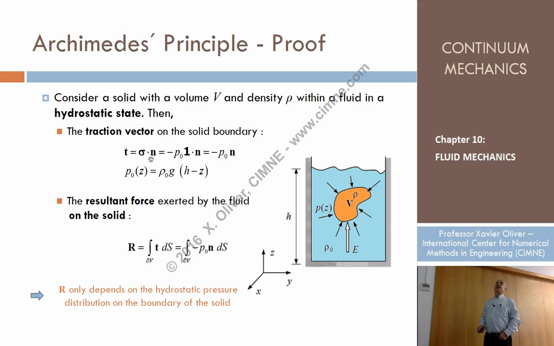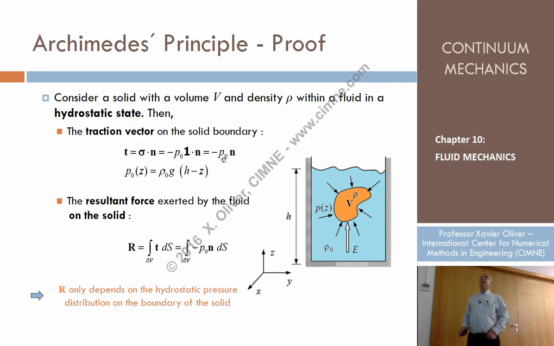The stresses are minus P0 times 1 multiplied by the normal. That means that the forces are normal, and it should be expected as a normal pressure equal to the hydrostatic pressure. Okay?